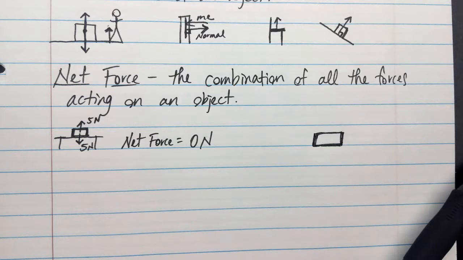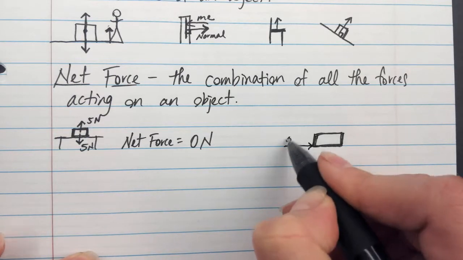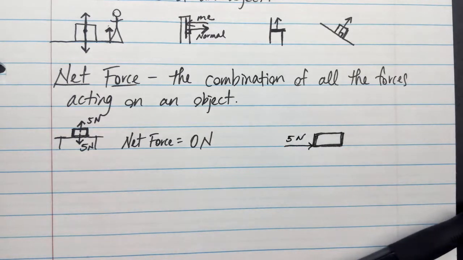Now, let's talk about this book. Let's say I've got my book over here, and I'm pushing on my book right now with, we'll keep it at 5 newtons. I'm going this way, and I'm pushing with 5 newtons right here. But my book doesn't move. There must be something, what?